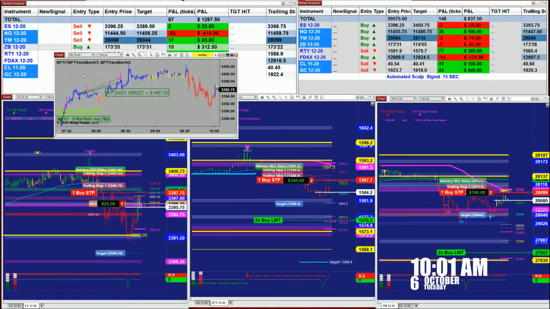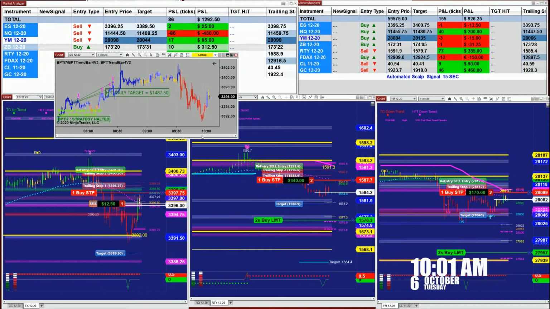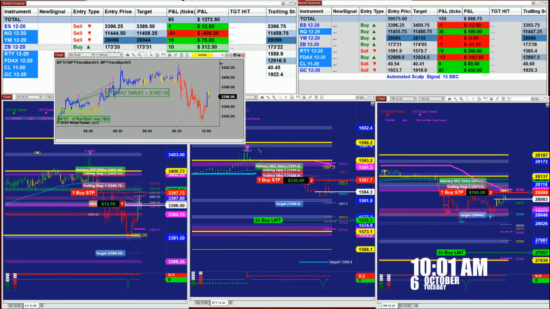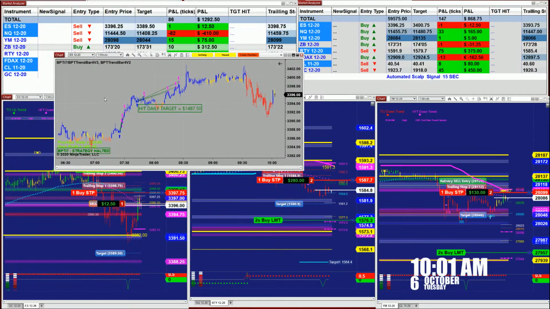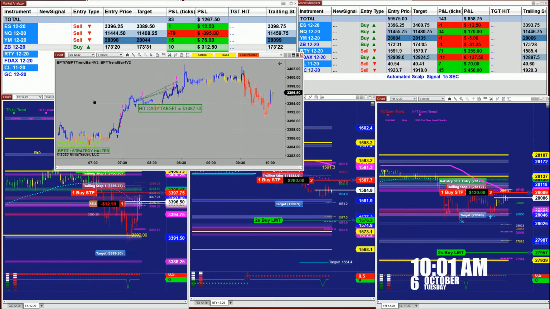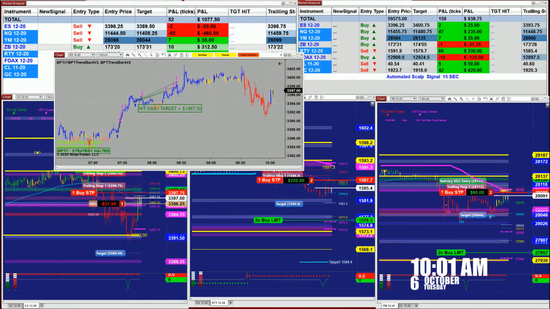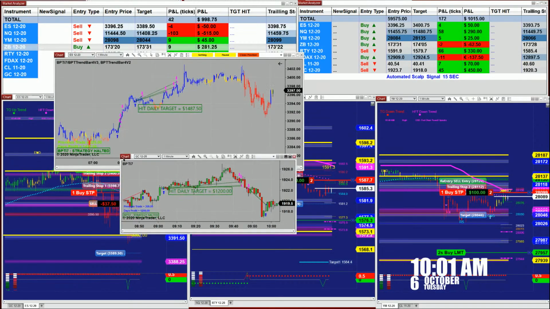The daily target is 1,000, but when the market goes in your direction, the auto trade stays in the same direction if the market is going in your favor. And the reason I'm showing the 1 minute is because if the auto trade works on 1 minute, it can work on any time frame. This is also 1 minute.